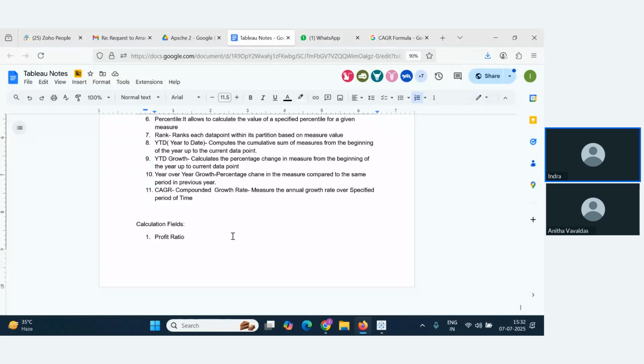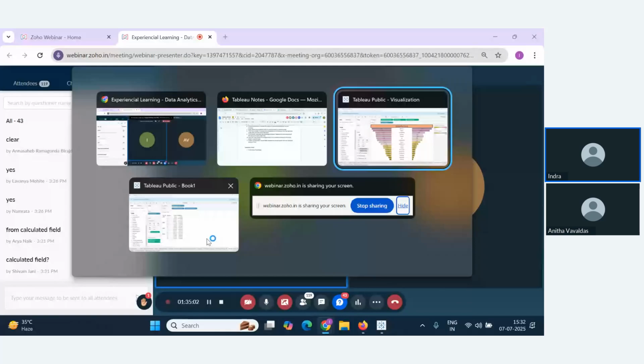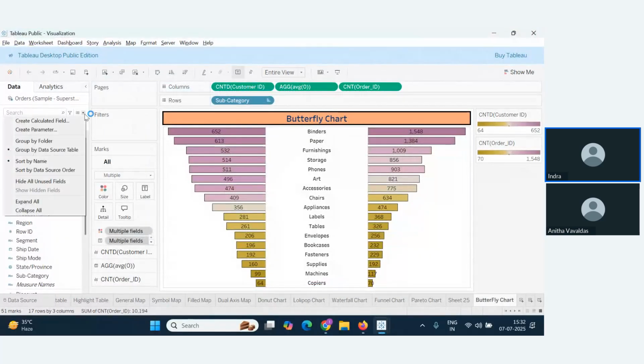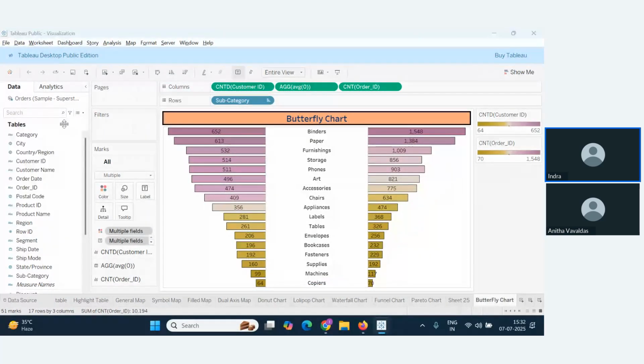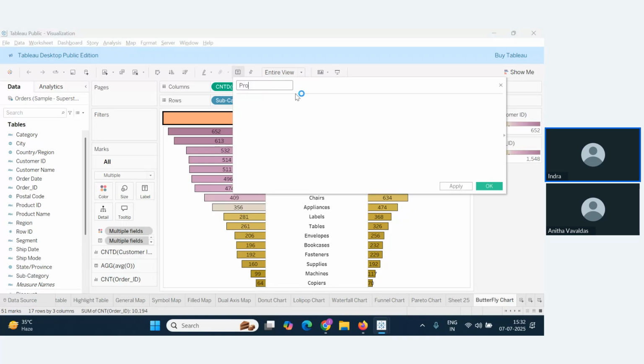Basically, the formula for profit ratio is nothing but profit by sales. Okay, profit by sales. So what we have to do, we'll straightway go to this drop down, click on create calculation field. I can give the name here as profit ratio, and here I can give the formula that is nothing but profit upon sales.